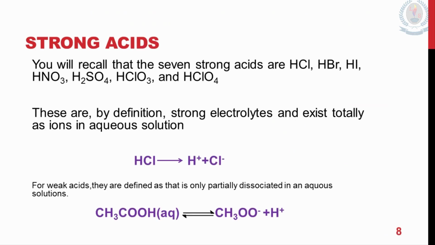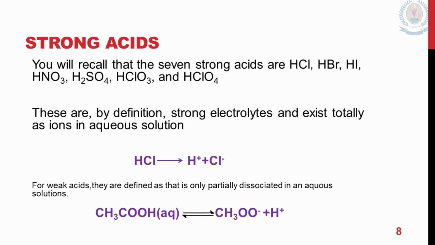Now let's look at strong acids. What is a strong acid? Do you know about that? This is a very easy one. Everybody knows about acids. What are the strong acids and what are the weak acids? Now I will give the definition for a strong acid.